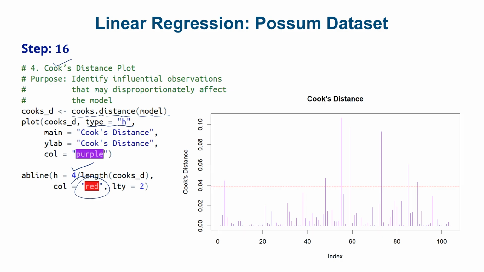So far, our model passes every major diagnostic. It's linear, homoscedastic, residuals are roughly normal, and no points are overly influential. This gives us confidence in the reliability and interpretability of our findings.